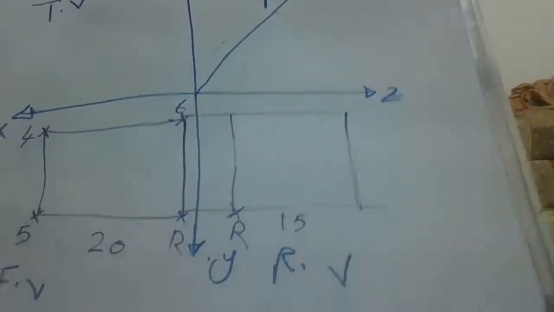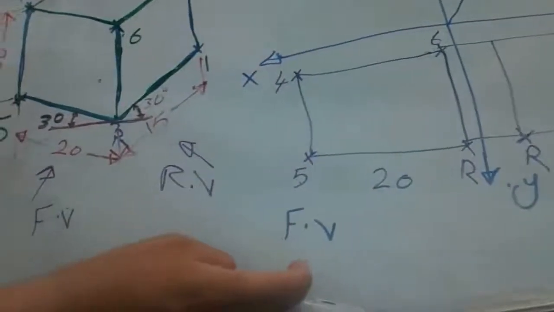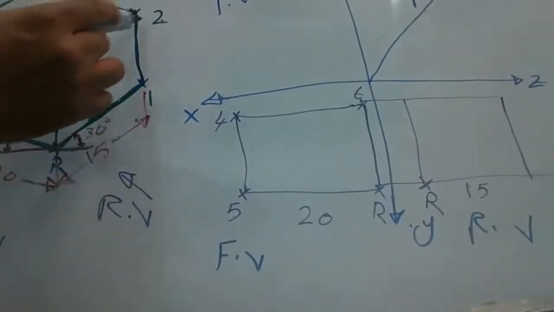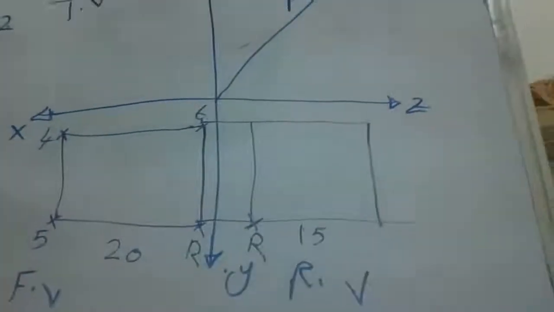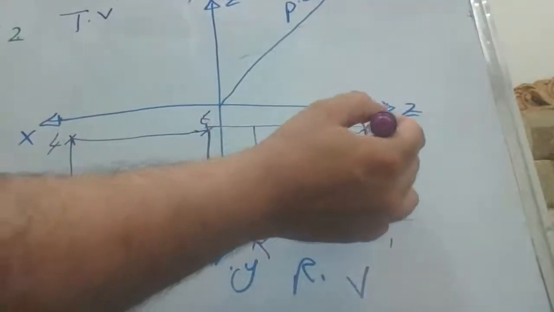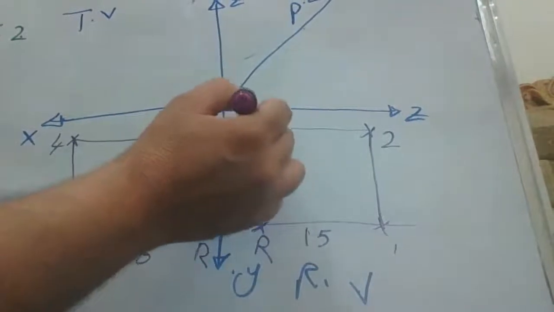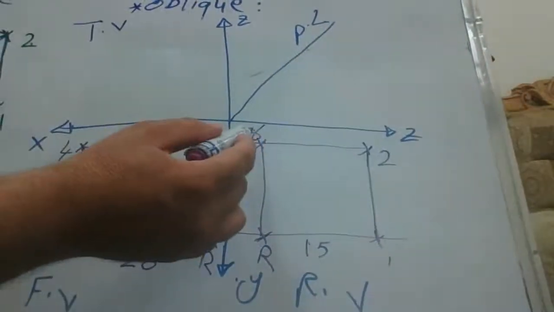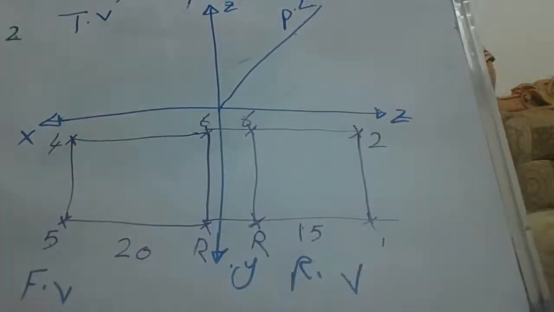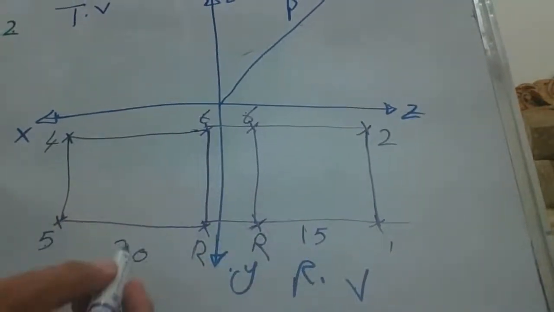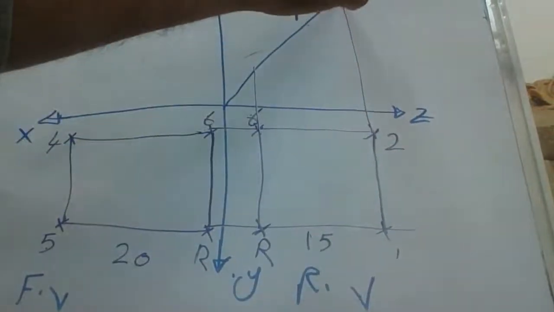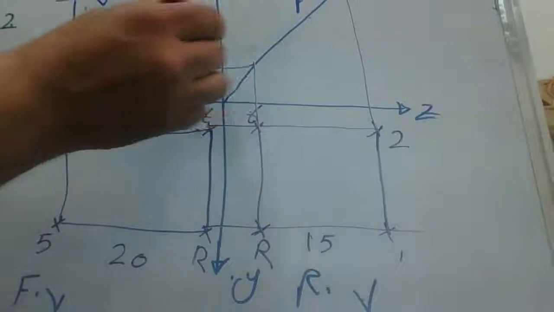If we look at the shape, we can find R, 1, 2, 6. 6 is a shared length, and R is shared between the front view and the right side view. For the top view, we follow the same procedure.